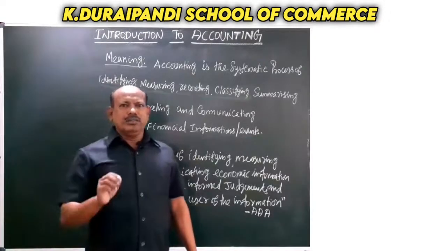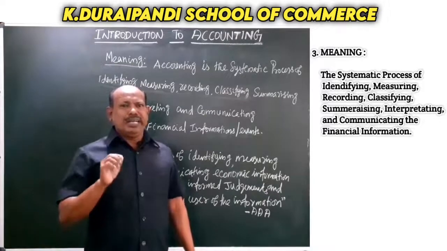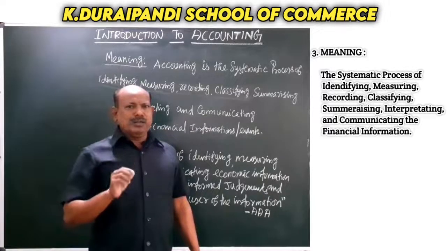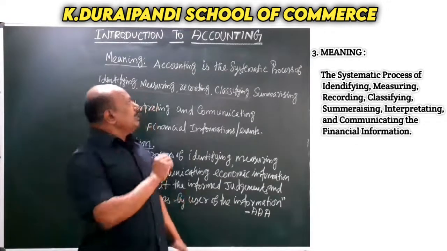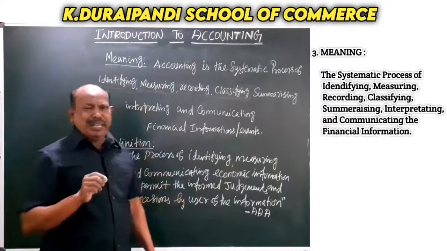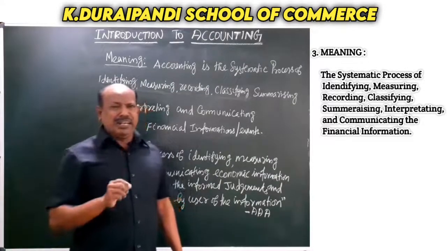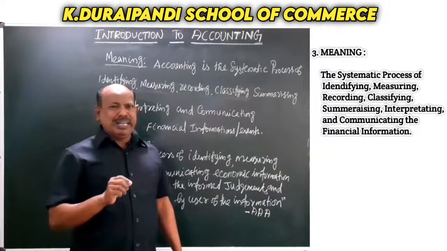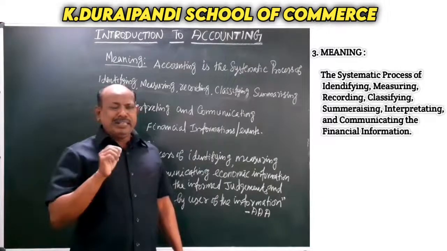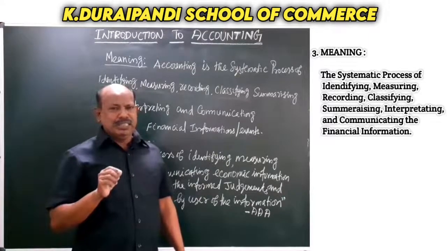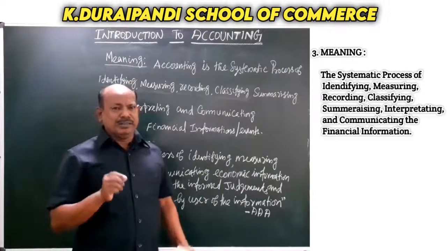Now we have to know the meaning and the definition of accounting. Accounting means the systematic process of identifying, measuring, recording, classifying, summarizing, interpreting and communicating the financial information or financial events. It is called accounting.